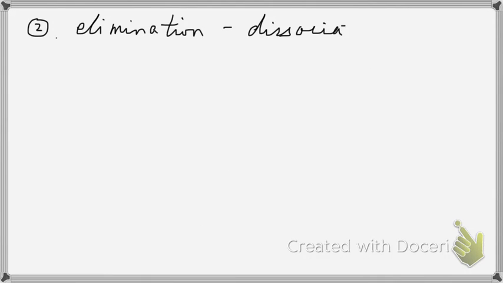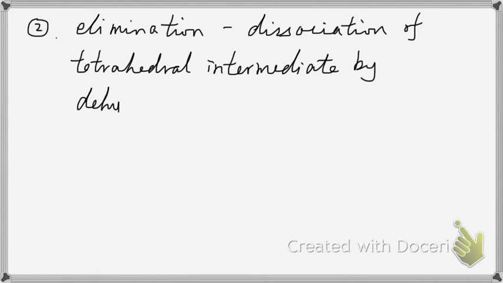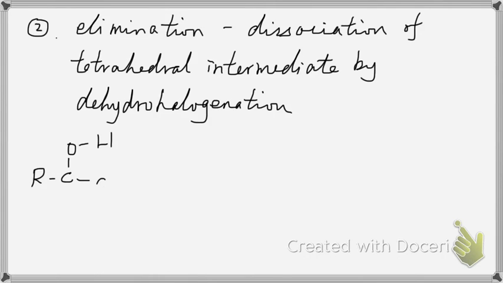The second step, elimination, or the dissociation of the tetrahedral intermediate. And this is actually a dehydrohalogenation reaction. So water could serve as the base, and it will remove the hydrogen on the oxygen, and the C=O double bond forms.